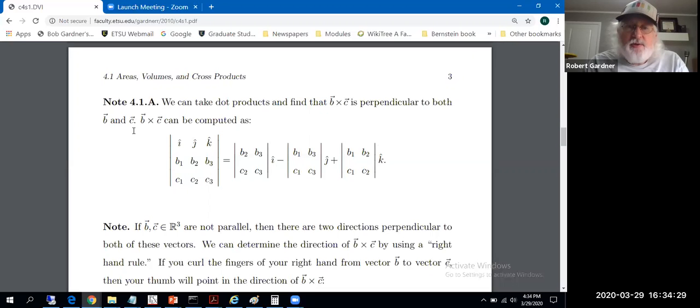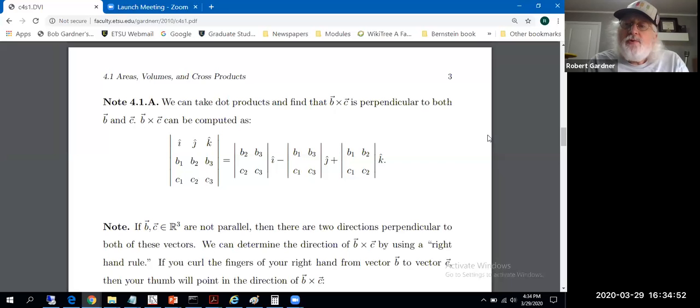Dot product should be 0. So we could take the dot product of vector B with B cross C, you get 0 out. They are orthogonal, perpendicular. Same with C. Take vector C, dot it with B cross C, you'll get the 0 scalar out. So B and C are both perpendicular to B cross C.